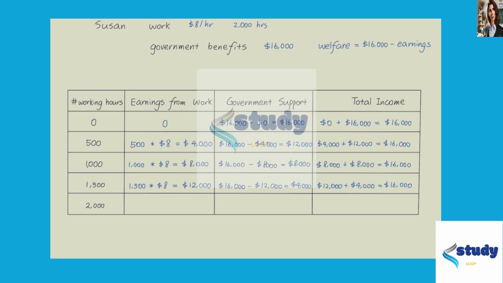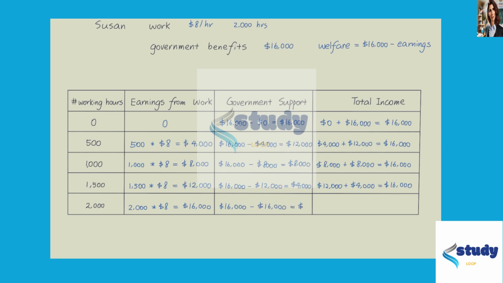And when Susan chooses to work for 2,000 hours per year, her earnings from work will be 2,000 hours times $8 per hour, which is $16,000. And the government support will be $16,000 minus her earnings, which is $16,000.